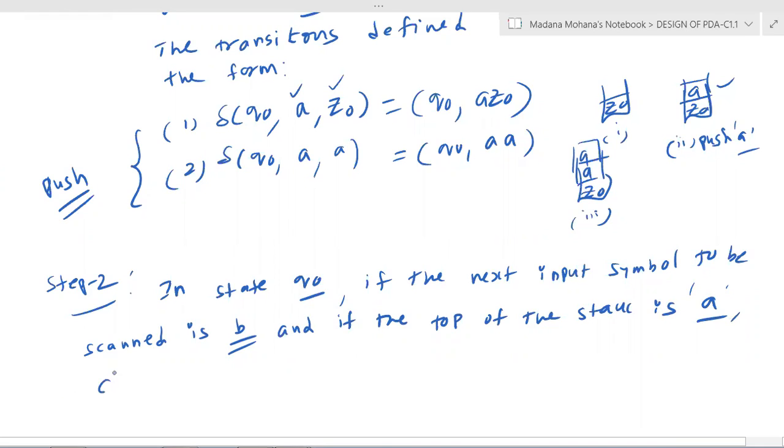In this case, simply change the state to a new state. Let us say Q1.